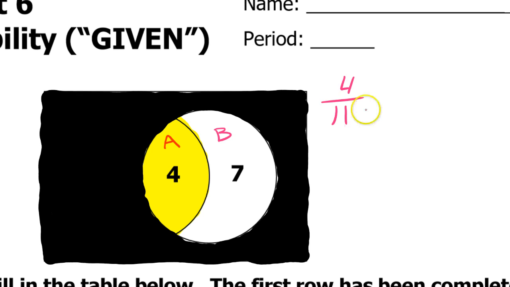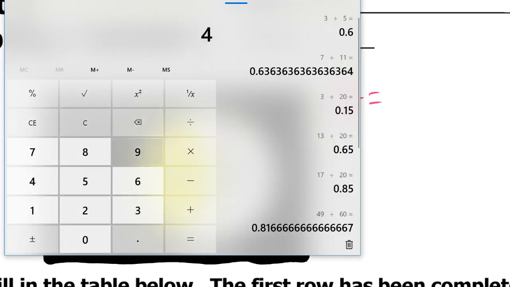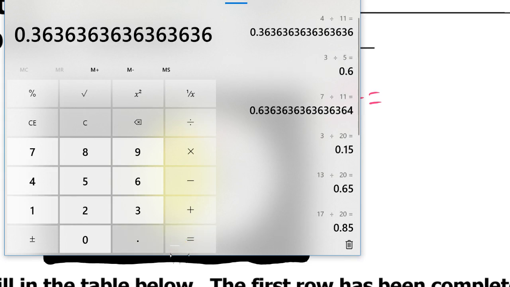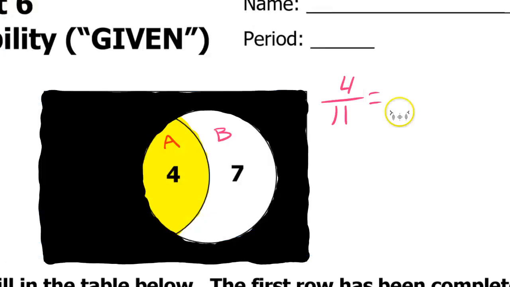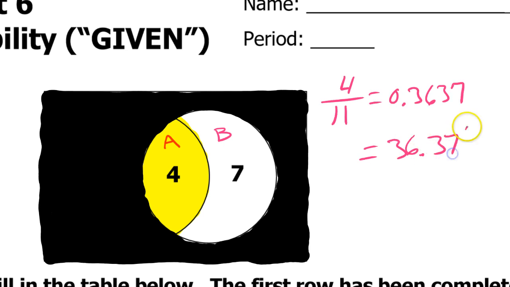So we can figure out what the decimal version of that is by simply dividing 4 by 11. So that looks like 36.36 repeating. So I'll say 0.3637 approximately, which if I move the decimal point twice is 36.37%.